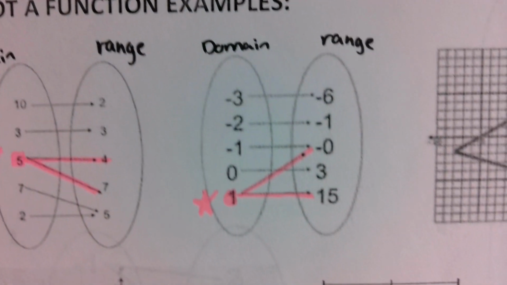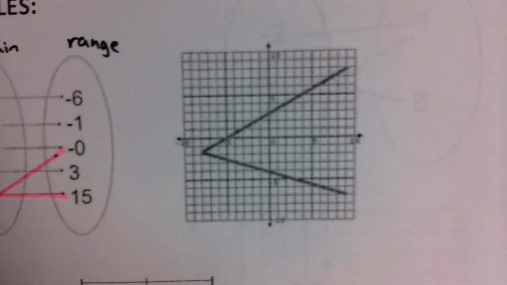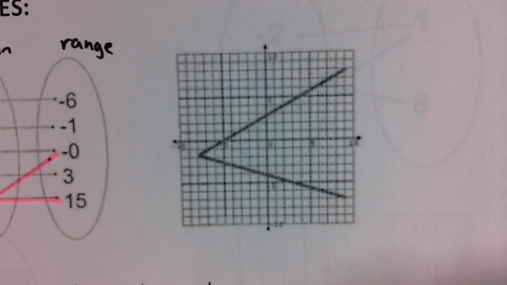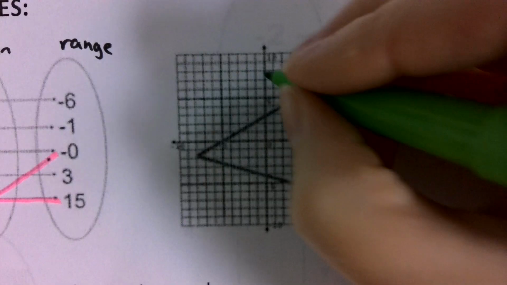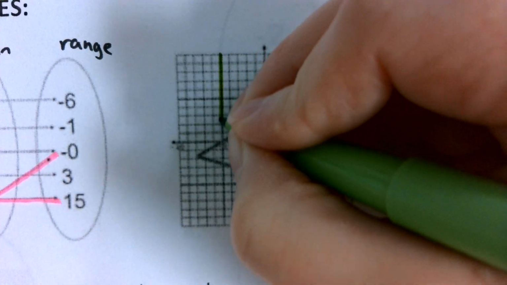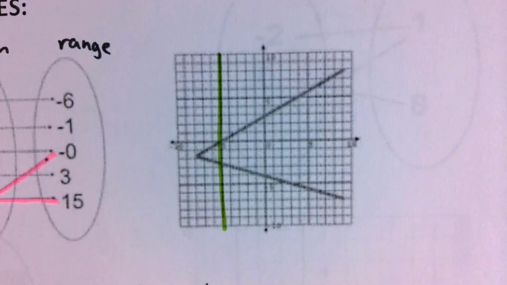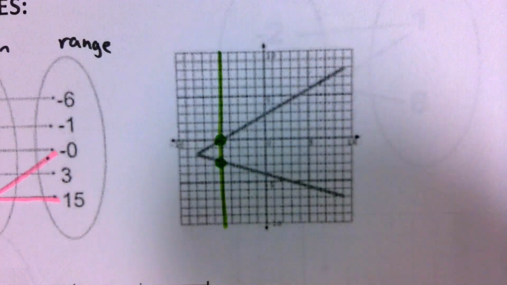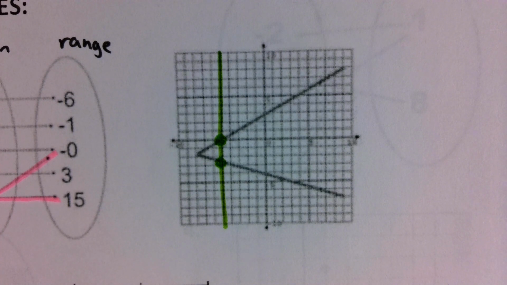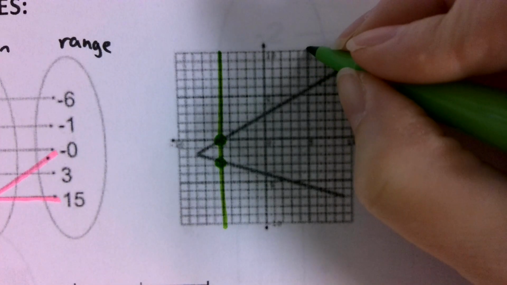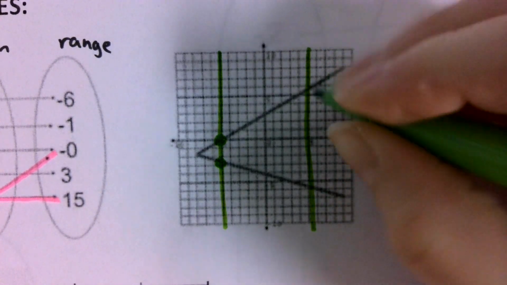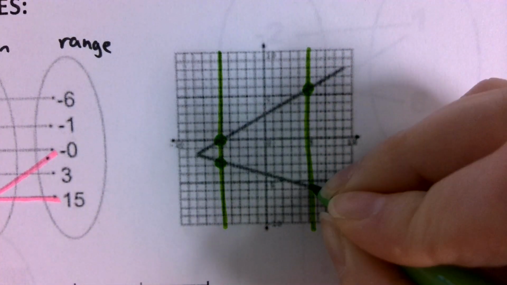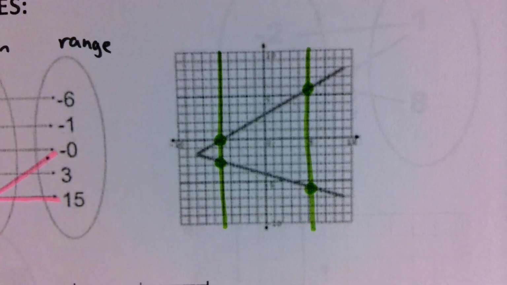Now, if we take a look here at these examples of what was not a function, draw a vertical line anywhere. If I draw a vertical line right here, how many points did I cross? I cross it at 2 points on that relation. If I draw it here, I'm going to cross 2 points on that relation.